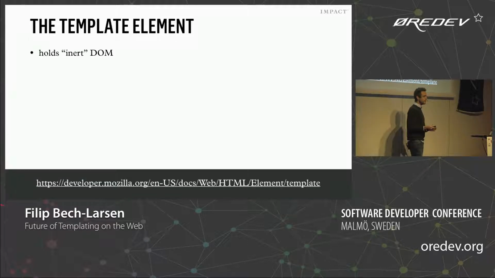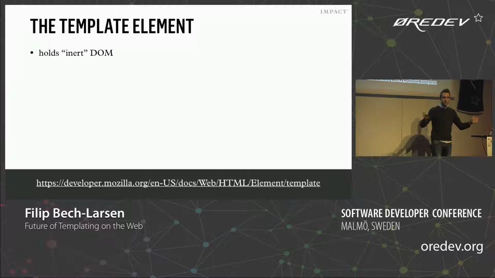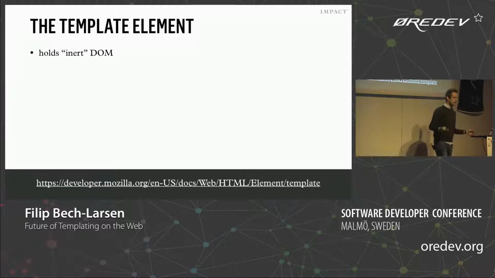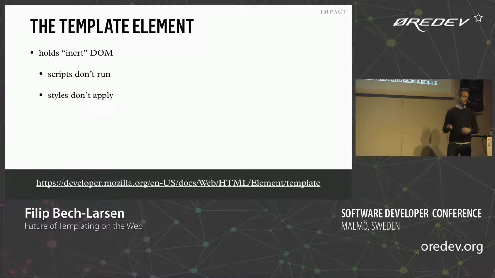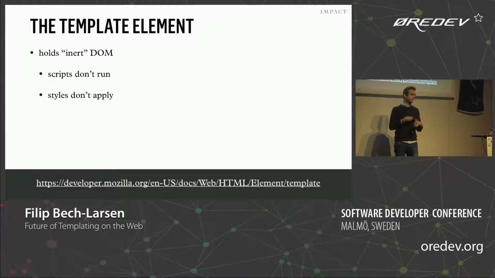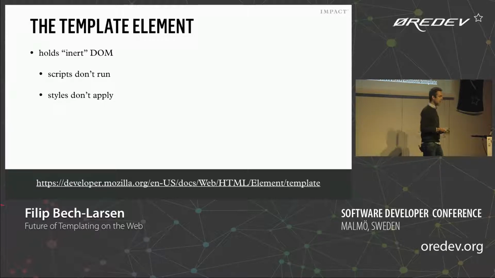So the template element is like a regular DOM element, like a div or a span or anything. But whatever you put inside of it is in a deactivated state. It's called inert, which just means that scripts don't run. If you put a script tag inside of a template tag, it doesn't run. If you put a style tag, the styles don't apply anywhere.